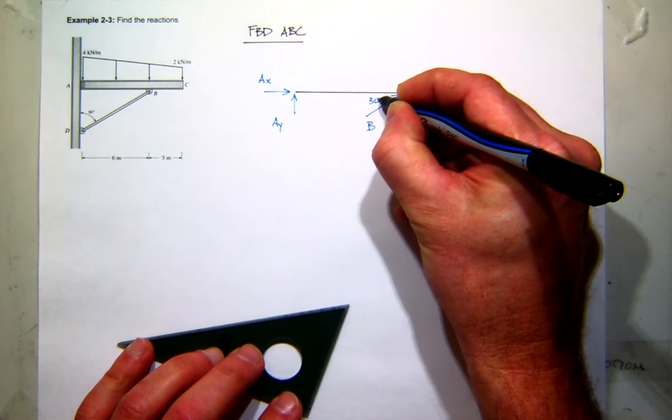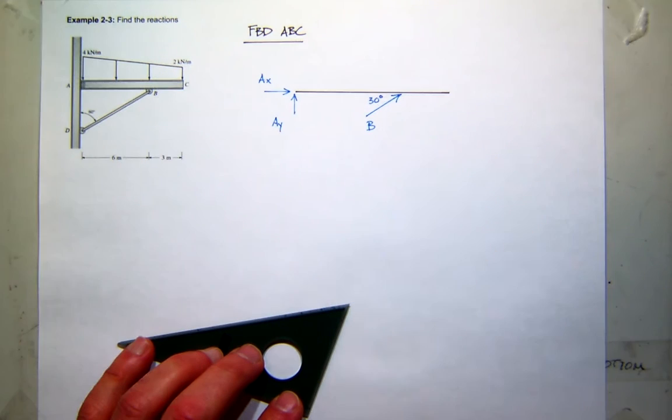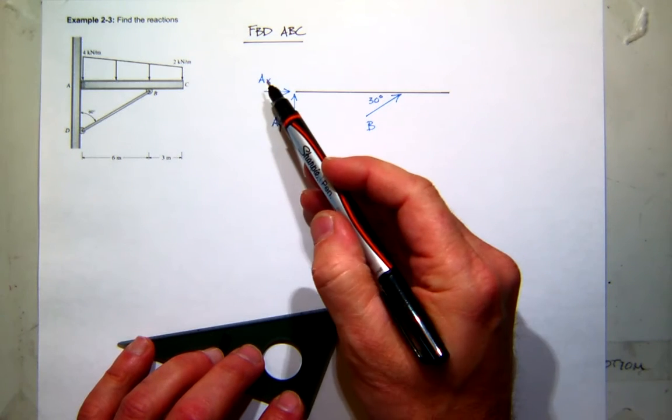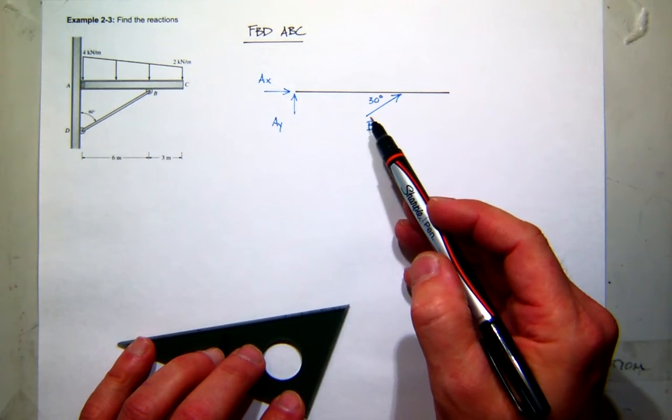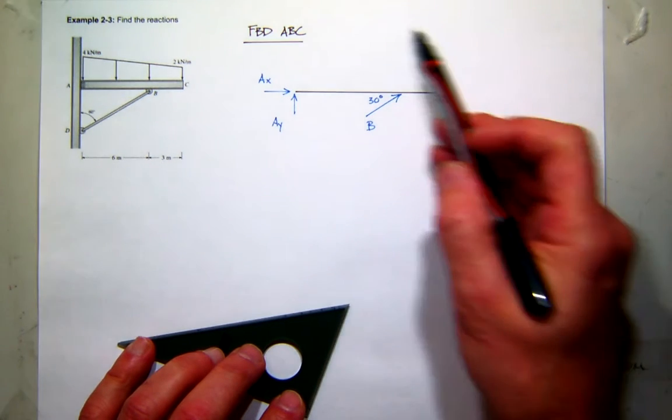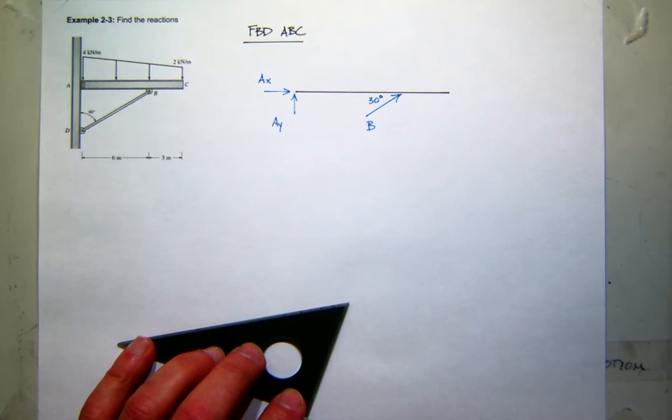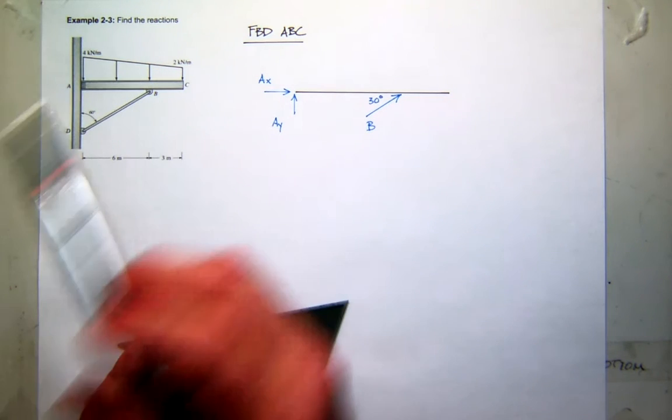So I know the orientation, I just don't know the magnitude. You can already count that I've got 1, 2, 3 unknowns. I'm going to have 3 equations of equilibrium for this body.